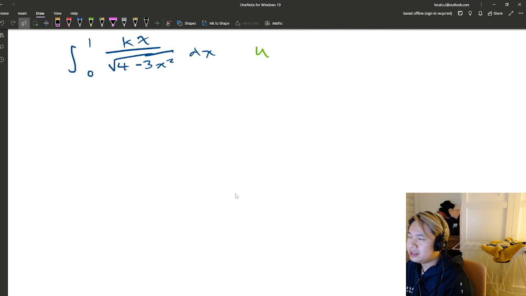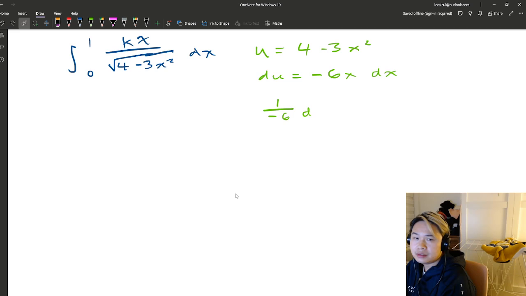We can just use a u substitution. So du is negative 6x dx. In other words, 1 over negative 6 du is equal to x dx. And time to do a little substitution.